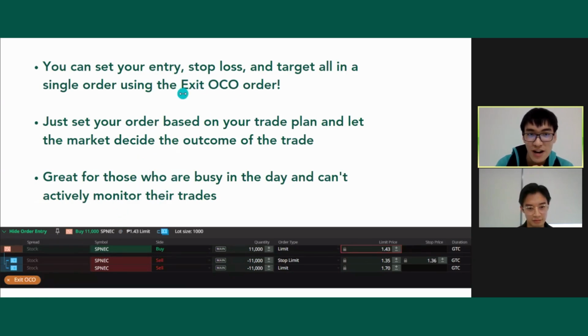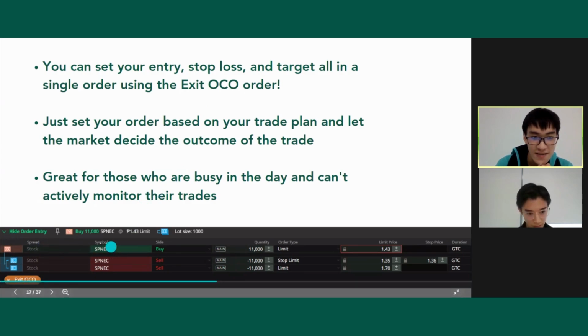So how it works is ganito. Here, for context, what exit OCO means is OCO means order cancels order. So parang ganito lang siya. So here, if this buy order is filled, if na-execute itong buy order, it will trigger these two sell orders. Di ba?